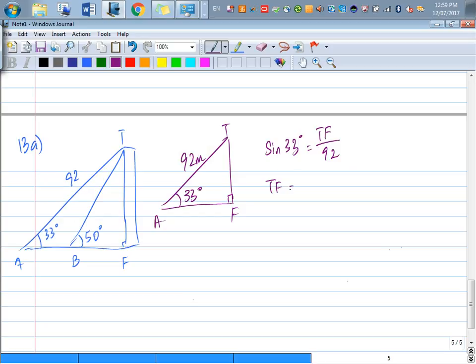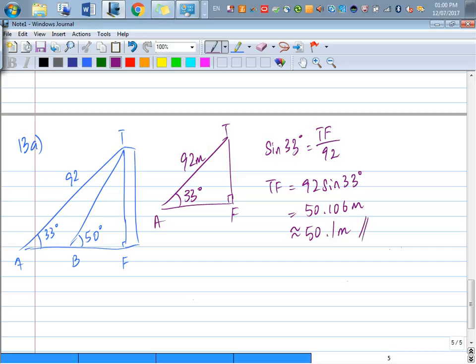So TF equals to 92 sine 33 degrees. We get 50.106 meters. Round it off. 50.1 meters. Okay? That is part A.